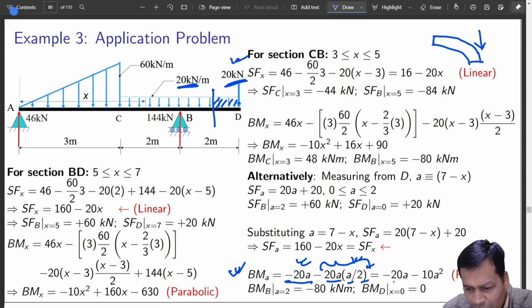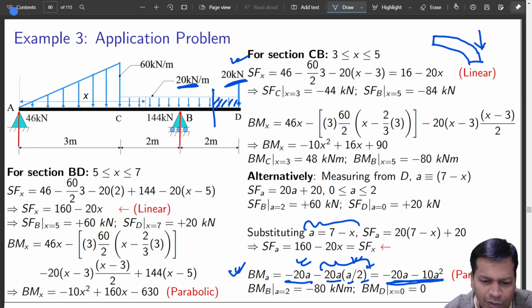So in terms of A, you can get this equation. You can either substitute A is equal to 7 minus x and calculate in terms of x, or you can substitute A directly. For this A is equal to 0, for this A is equal to whatever.